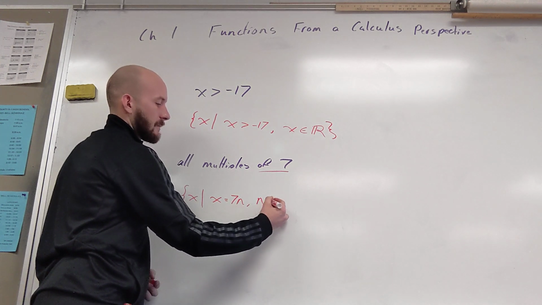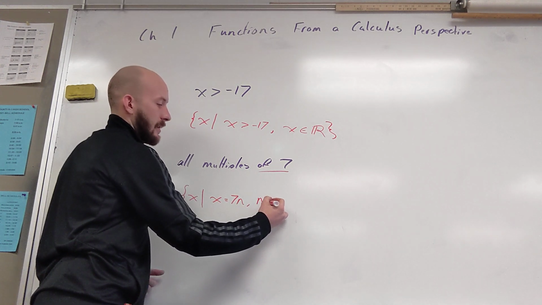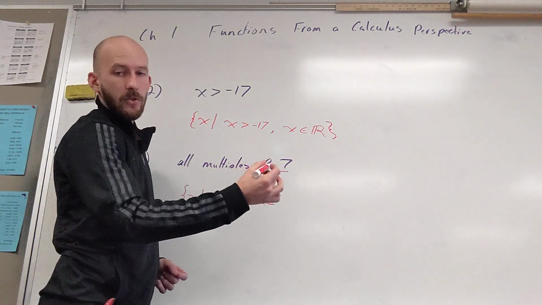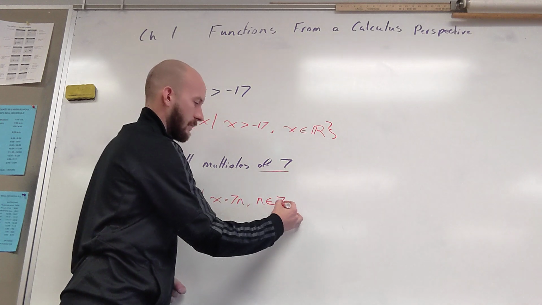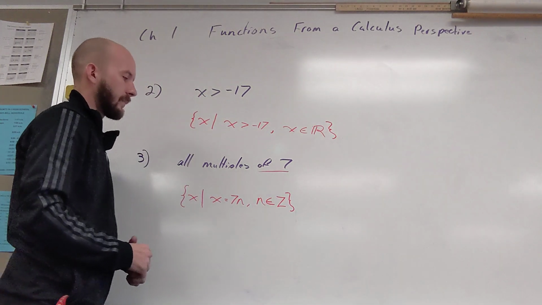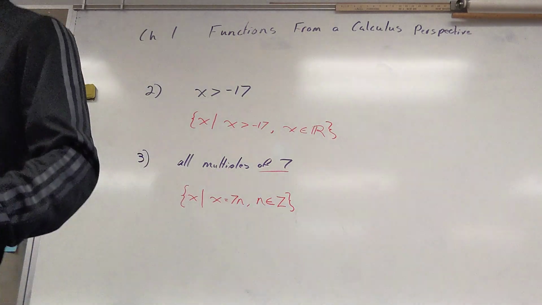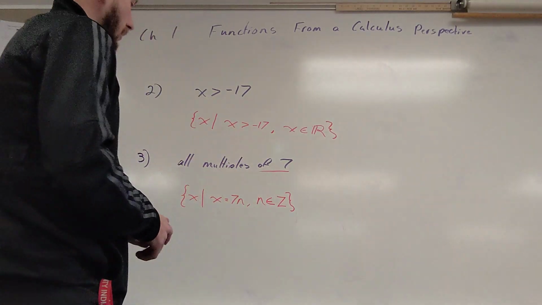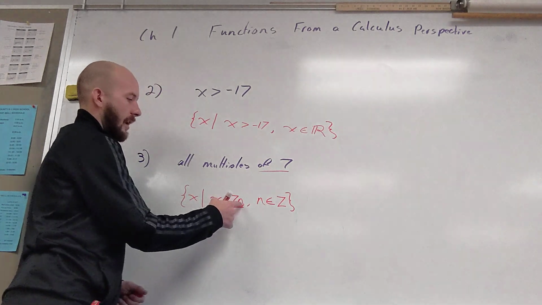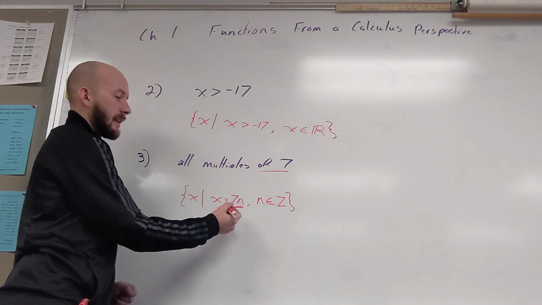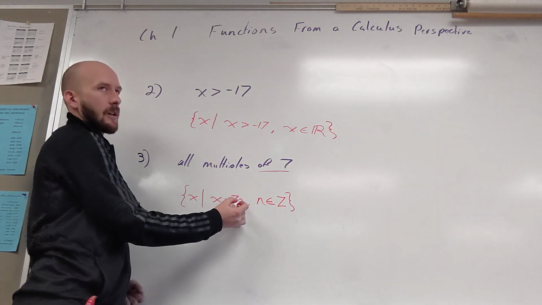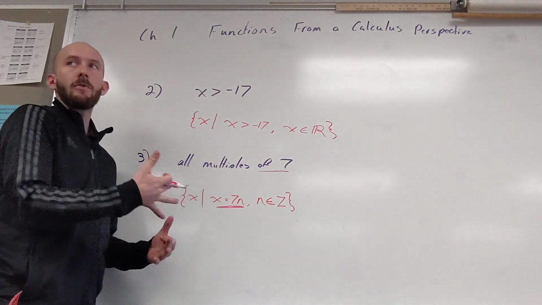and then we're going to specify that n belongs to the set of integers. Integers, really? Mm-hmm. So if n is an integer, which is what we specified, then 7 times any integer is going to give you a multiple of 7, right?